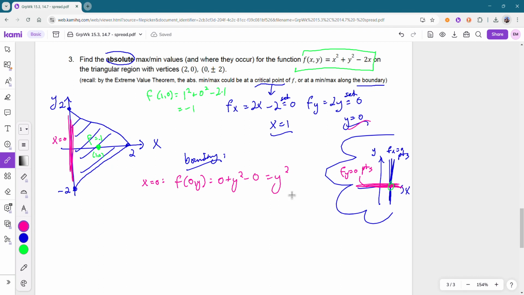And in general, we would want to see, well, along x equals 0 using y from -2 up to 2, where is this y squared function biggest and smallest? In general, this could be either at the endpoints or at a critical point. Right, this is just a Calc 1 min-max problem. But y squared is clean enough where we can just eyeball it, from -2 to 2.